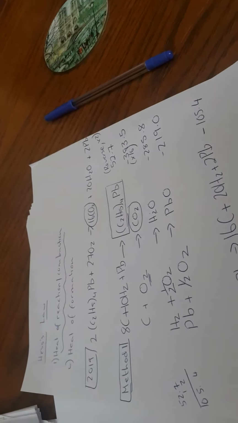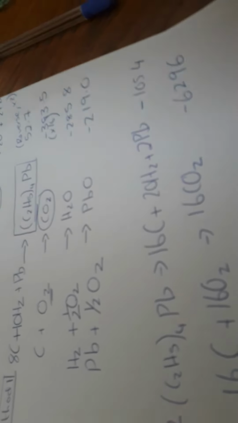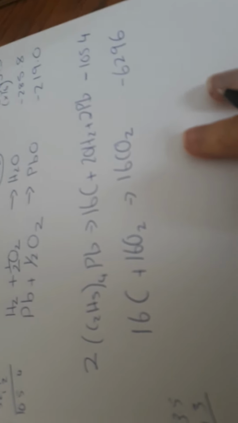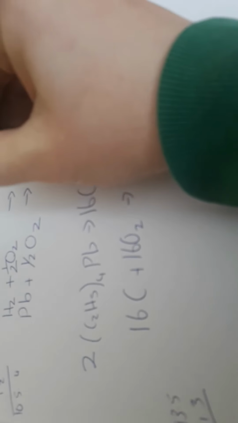So we've 393.5, and I'm multiplying that by 16. And that gives me minus 6296.